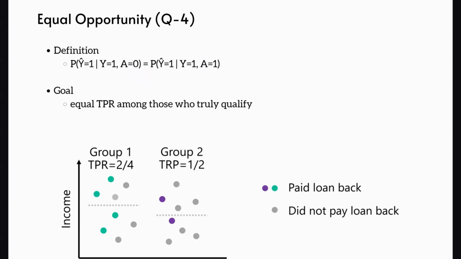It does not matter if you have the same skills and everything similar, and just the sensitive attribute is different. It makes sure that both participants in each group get equal chances.